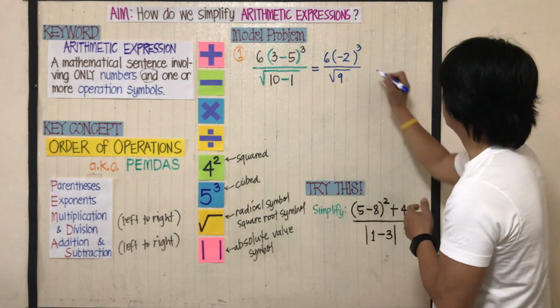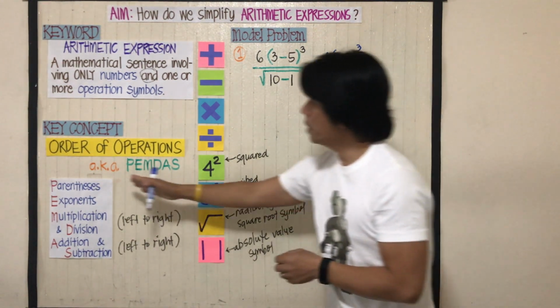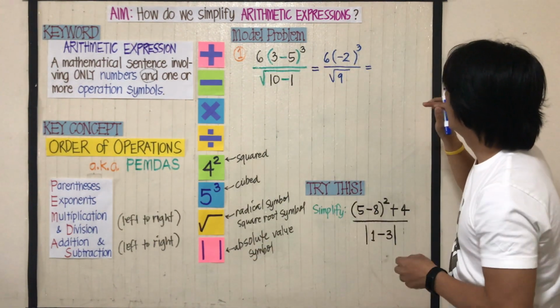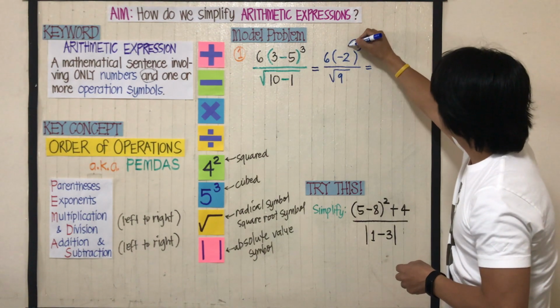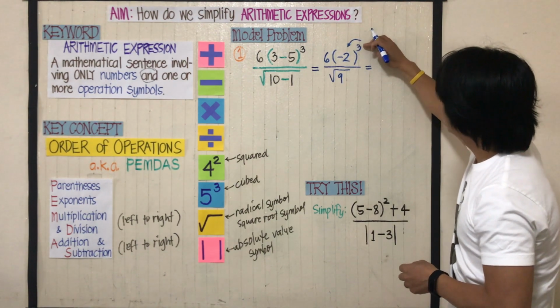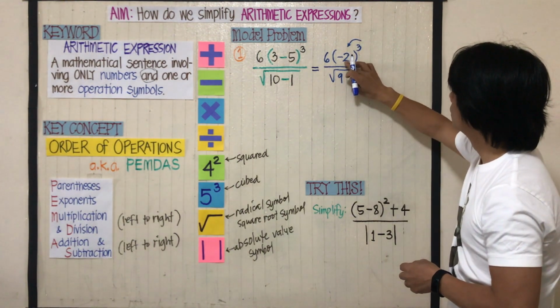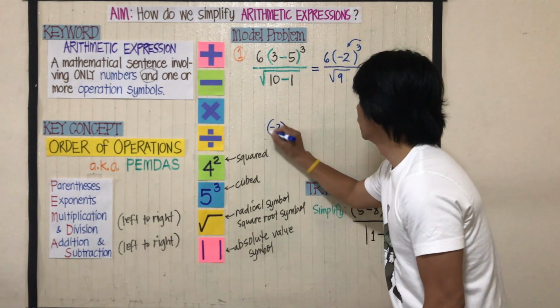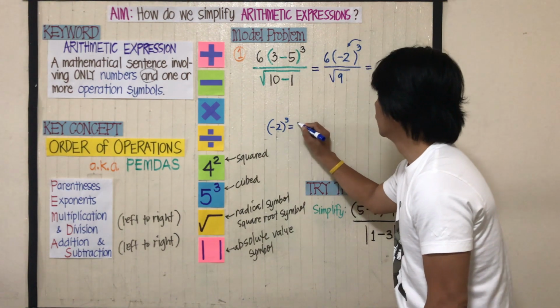Now, after the parentheses, let's check if we have an exponent, which is this. We have to apply the exponent to the negative 2, not the 6. So what is negative 2 to the third power?